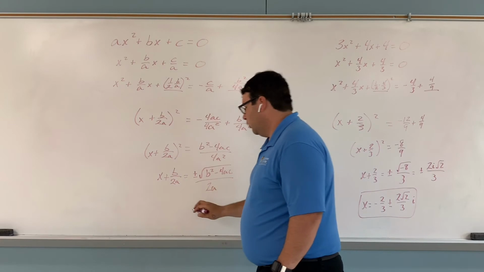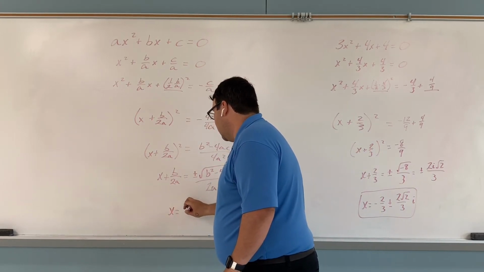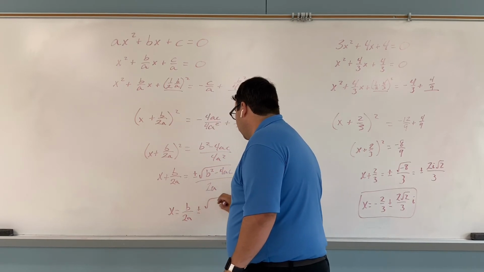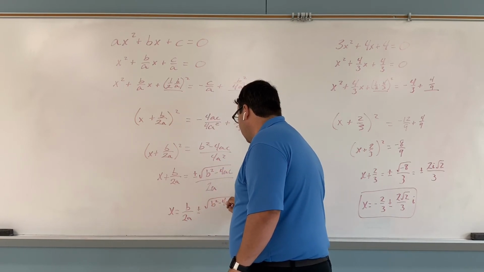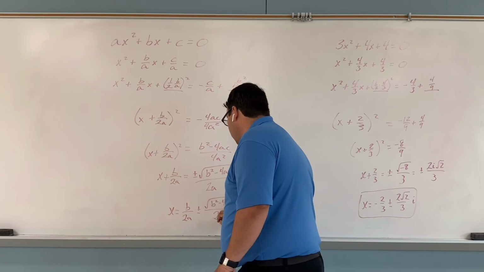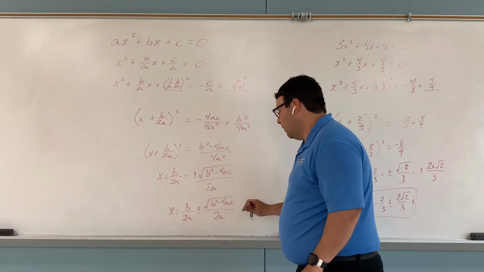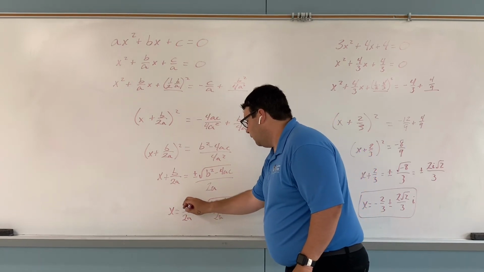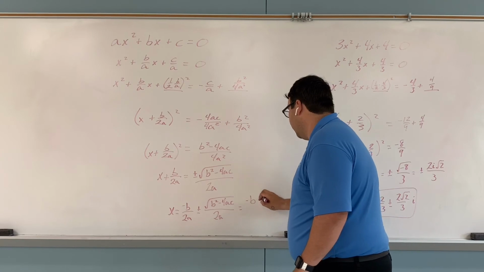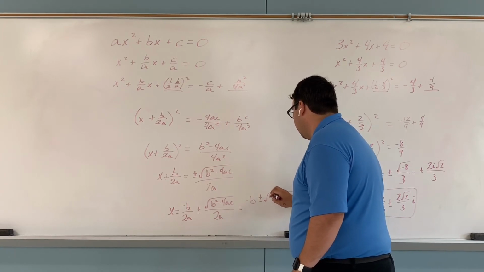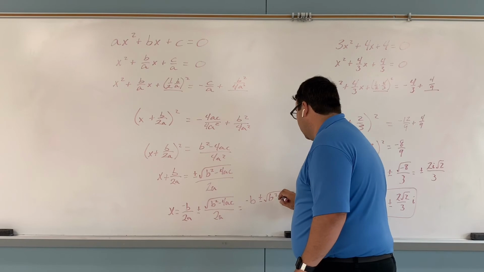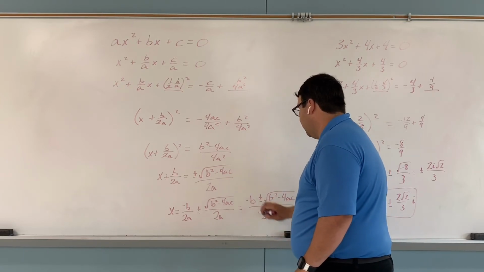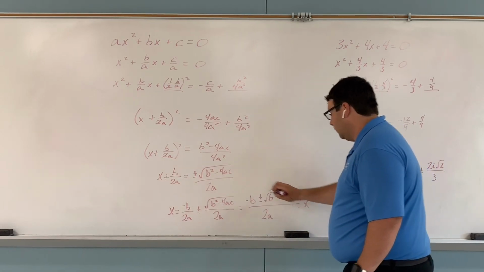I'm then going to move my term over, so this is x is equal to negative b over 2a plus or minus the square root of b squared minus 4ac divided by 2a. Because I already have common denominators, I am going to combine these. So that is negative b plus or minus square root b squared minus 4ac divided by 2a. And that is equal to x.